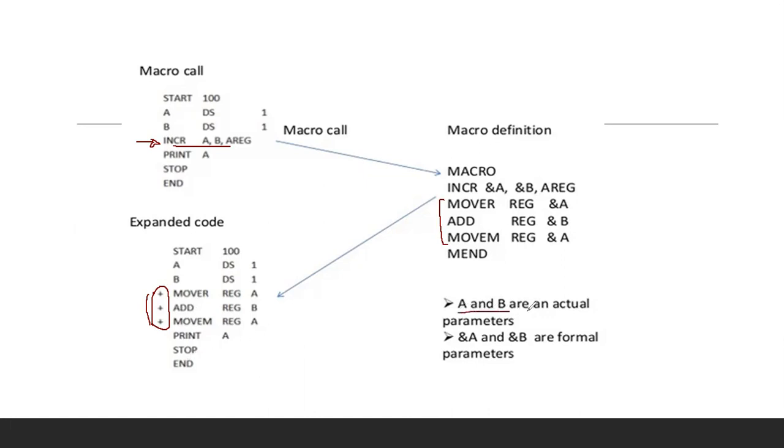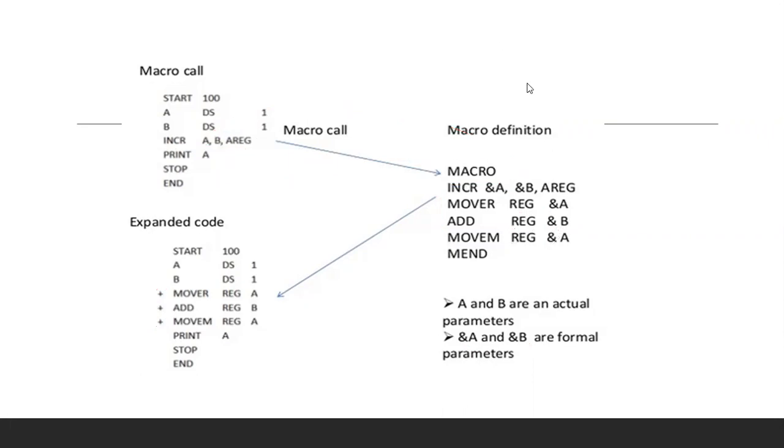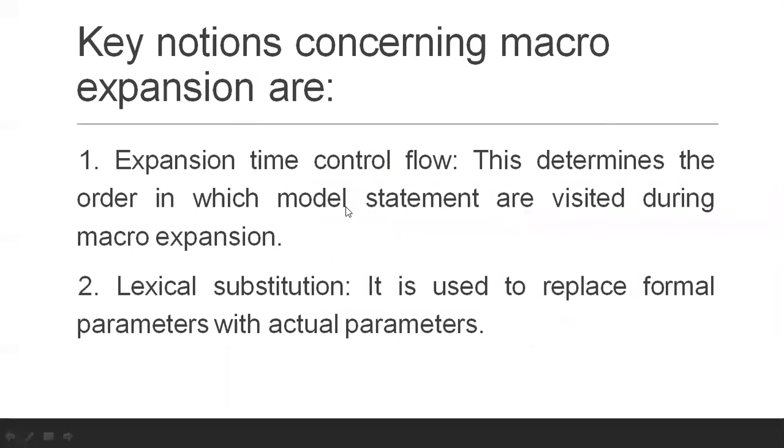We already know A, B are the actual parameters, and ampersand A, ampersand B are the formal parameters. How does this happen? A is assigned to ampersand A, B is assigned to ampersand B, and the A register is by default the A register. So depending on that, everything is changed. I hope you understood slide number 1. Let us go to the next slide.